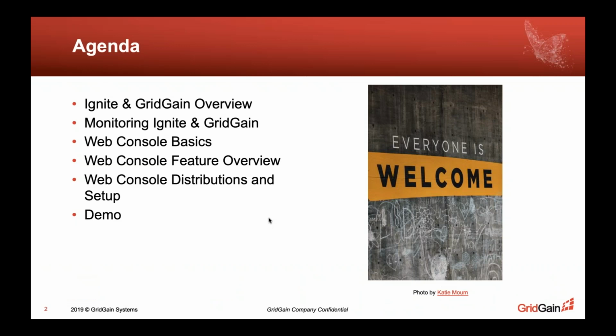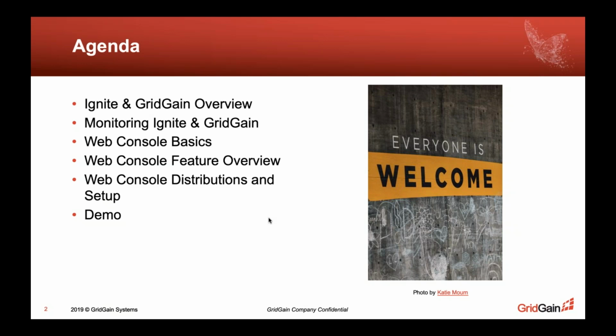So what we'll be talking about during this session is a mixture of demo and slides. Just for people who aren't that familiar with Apache Ignite and GridGain, we'll give a bit of an overview of the runtime, the framework, the capabilities and use cases that it's trying to address.